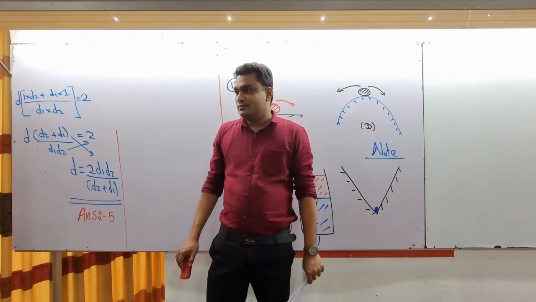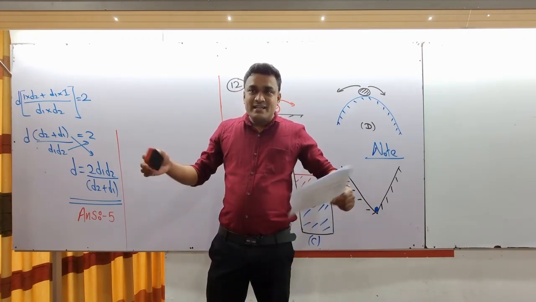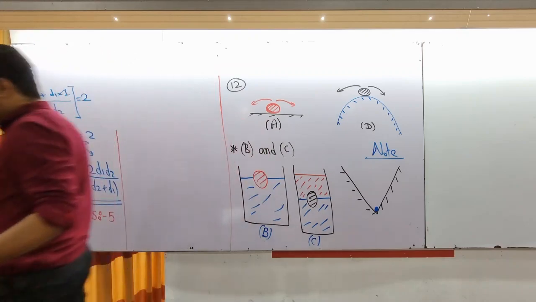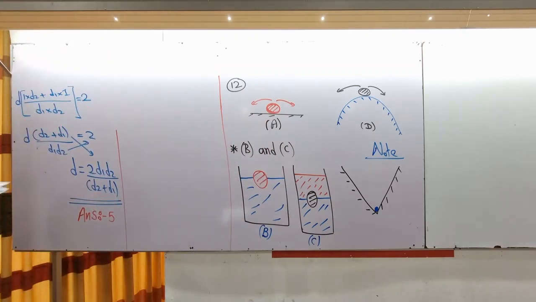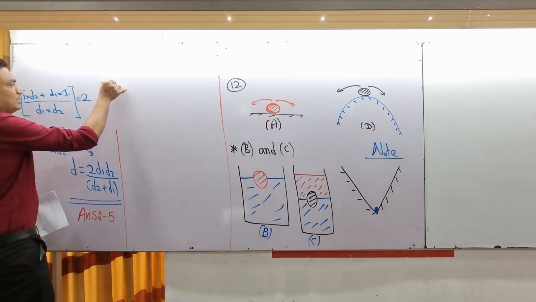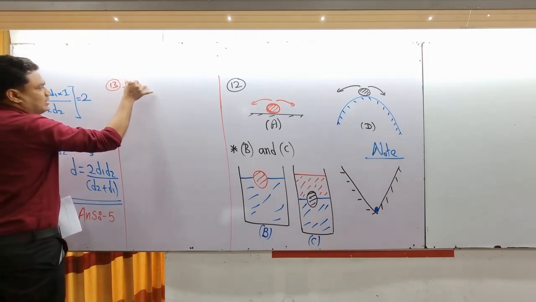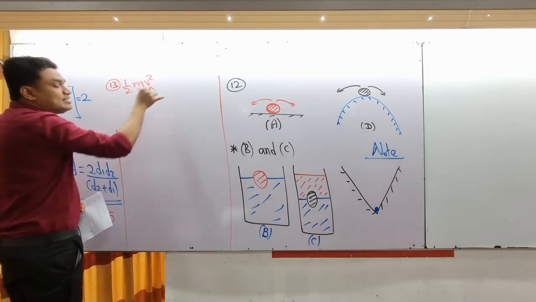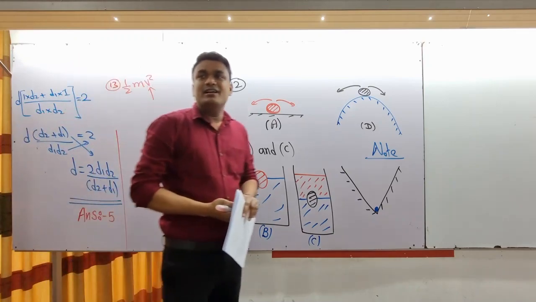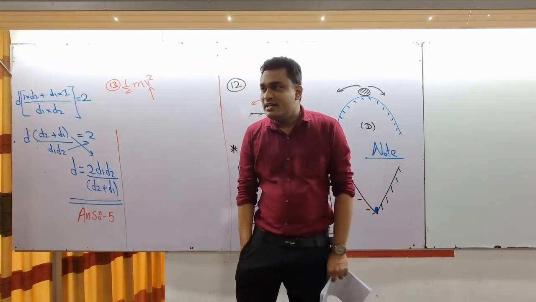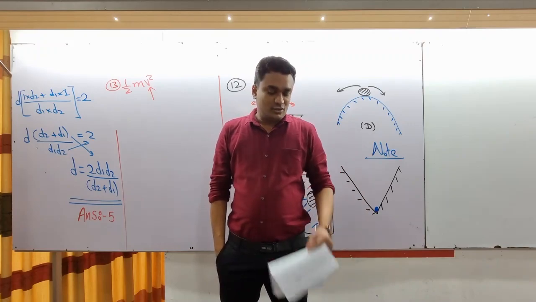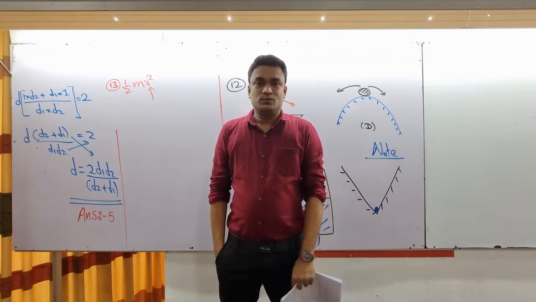Only one or two. What is the kinetic energy equation here? Kinetic energy of any object is half mv square. Due to v square, it should be a curve. It cannot be a straight line. So the answer is 2.